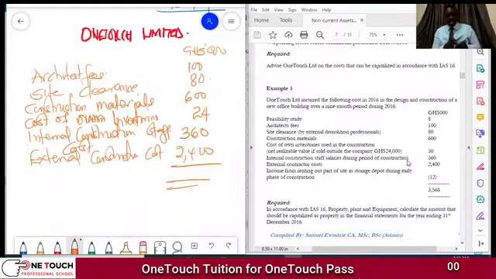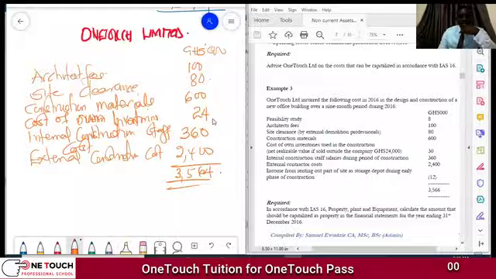So I pick my calculator: 100 plus 80 plus 600 plus 24 plus 360 plus 2,400. That is 3,564. So that is the value of the PPE.